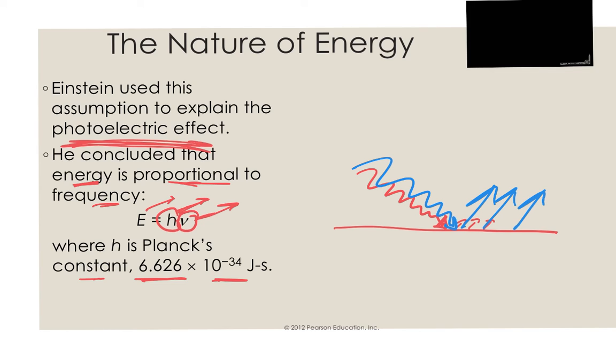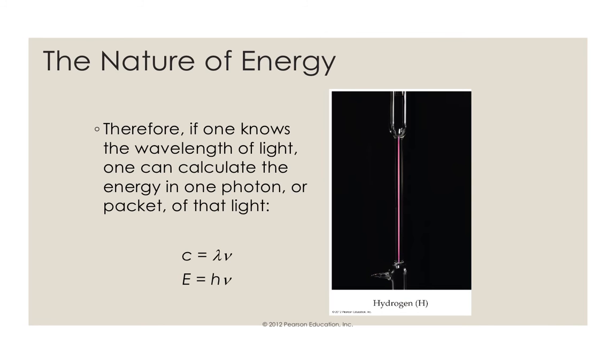And so there's a measurement of the energy required to pop an electron off, and whatever that energy is needs to be smaller than the energy of the light coming in. So what's the point? Well, this means that if you know the wavelength of light, you can calculate the energy of a photon, right?